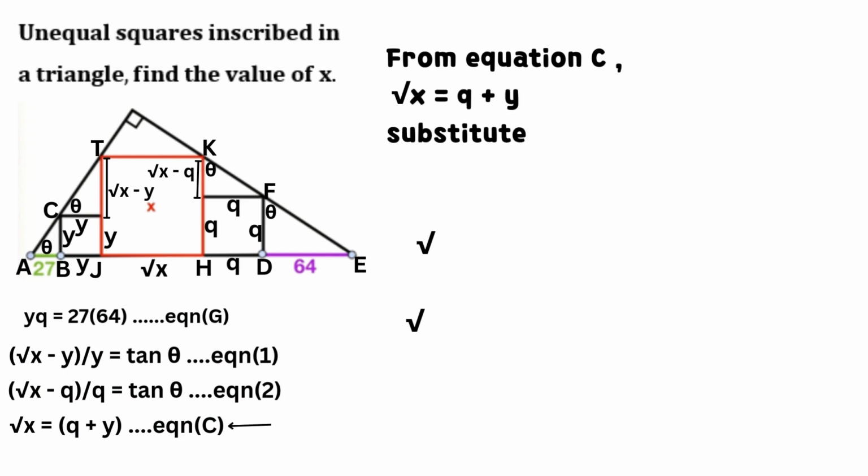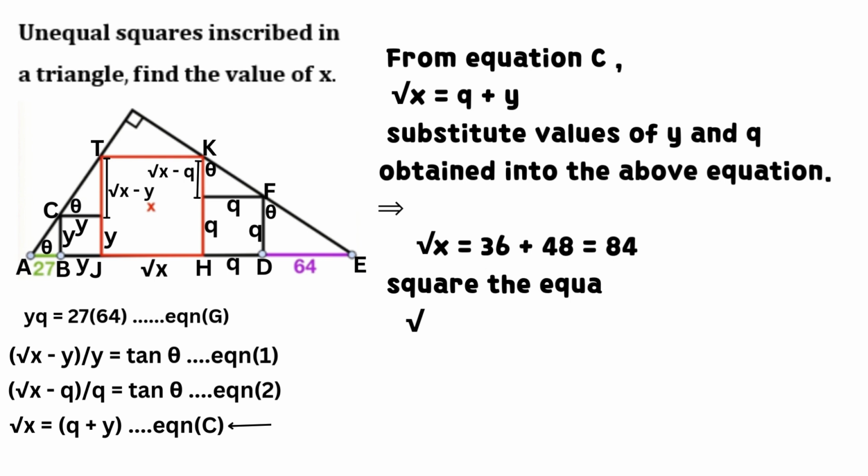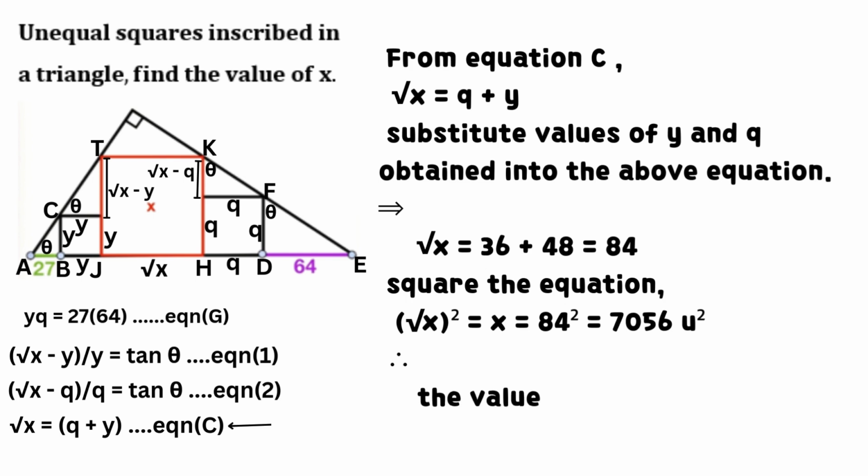From equation C, the square root of x equals the sum of q and y. Substitute the values of y and q obtained into the above equation. This implies that the square root of x equals the sum of 36 and 48, which equals 84.